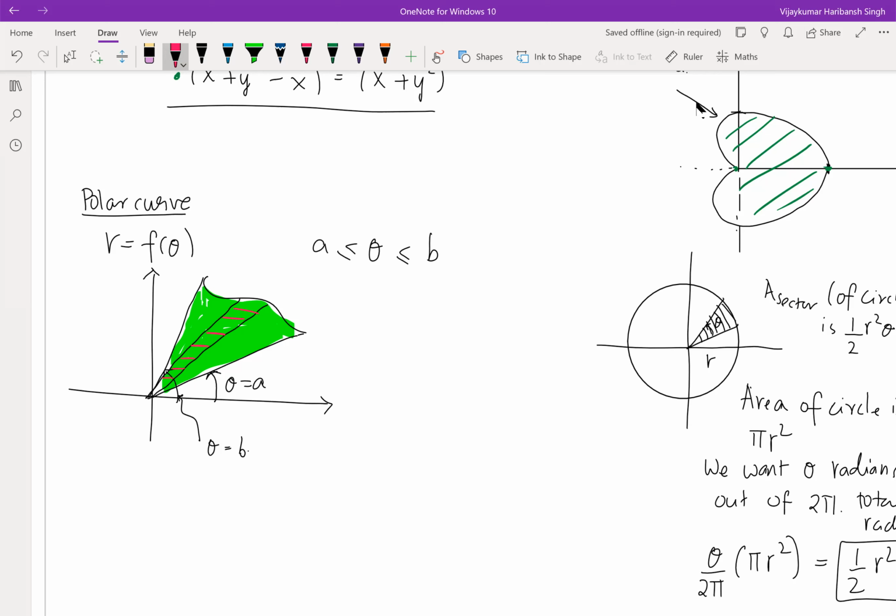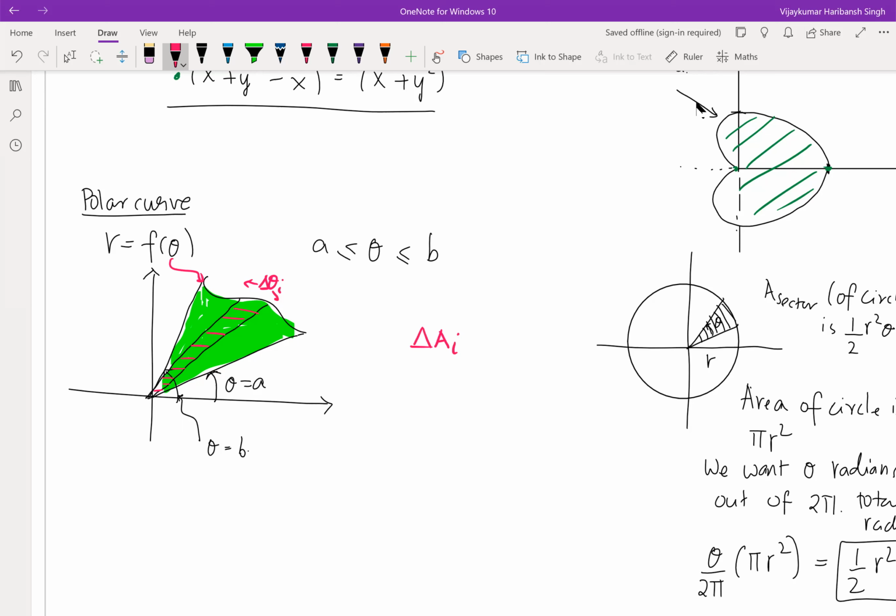Then we'll sum all the areas up, similar to the idea of a Riemann sum. Suppose this angle is Δθᵢ, and the function is r = f(θ), and this area is ΔAᵢ.